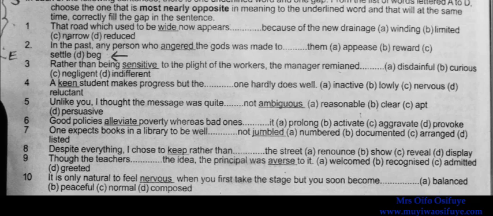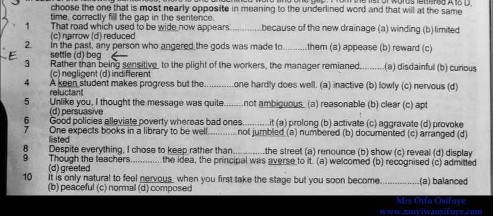And because the instruction says we should look for the word that is most nearly opposite in meaning to the underlined word, and which can at the same time correctly fill the gap in the sentence, we are now going to look at the options.